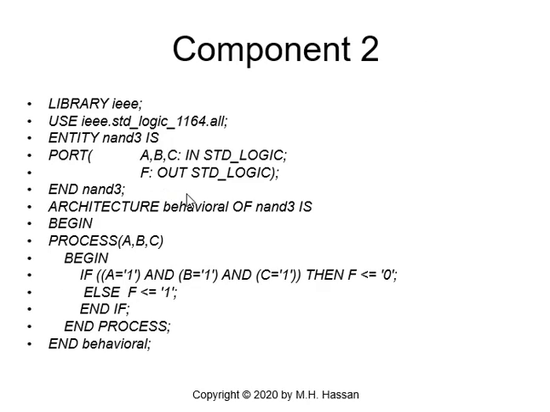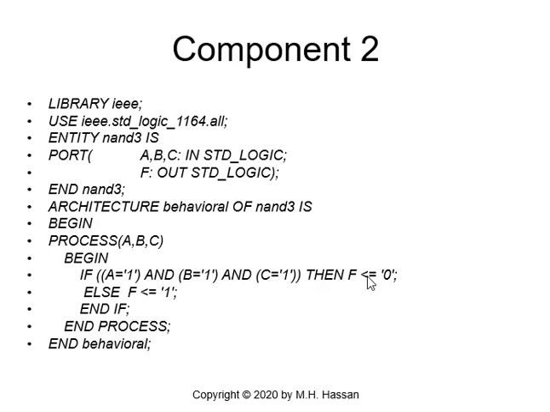Component number 2 is the 3-input NAND gate, where we have the inputs A, B, C in standard logic. F is the output in NAND 3. Architecture behavioral of NAND 3 is: we begin a process with the inputs A, B, C. We begin if A is 1 and B is 1, we have to use quotations here, and C is 1, then I will assign F to 0.